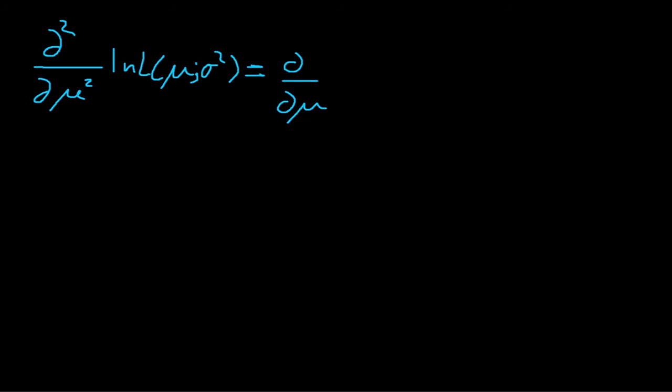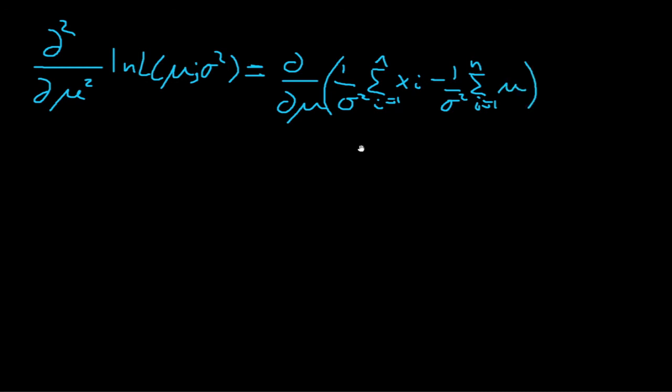And what we just found was 1 divided by sigma squared times the sum from i equals 1 till n of xi minus 1 divided by sigma squared times the sum from i equals 1 till n of mu.